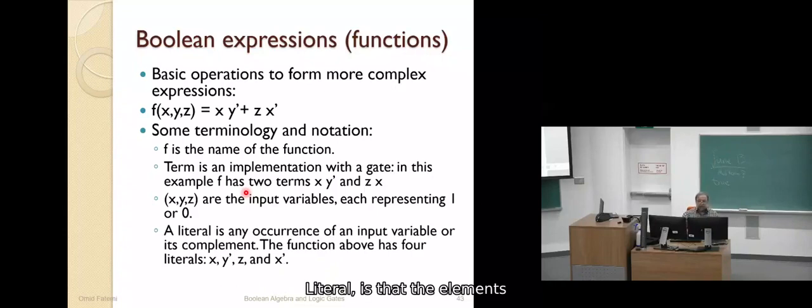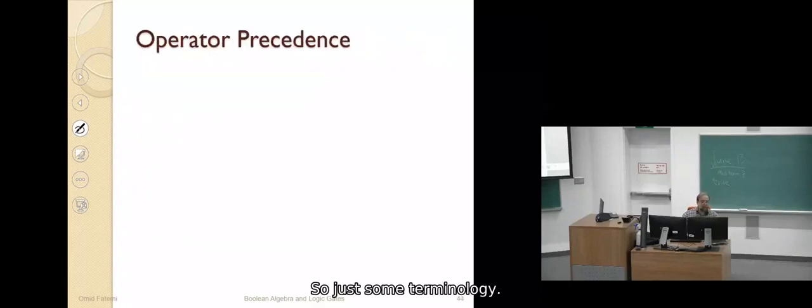A literal is the element inside the terms. For example, here we have x, y prime, z, x prime. So these are our literals here. We have 4 literals here. So this is just some terminology.